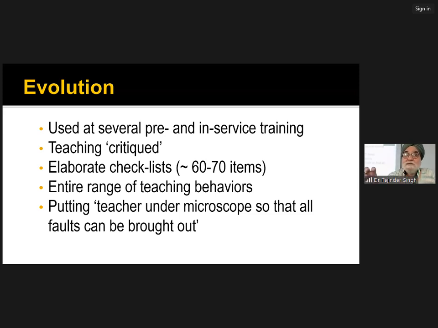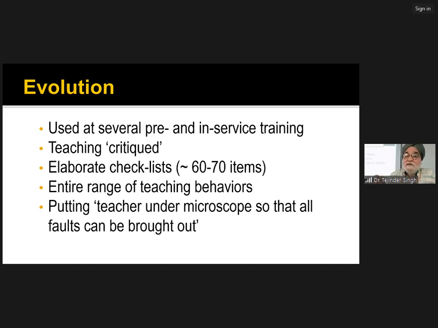Second, most of these checklists incorporate the entire range of teaching behaviors. So while you may say my focus is only on interactivity in teaching, they'll say, oh, your language and your poise and your confidence and your questioning and so many other things. They would rate you on everything, and so the thing would get diluted.